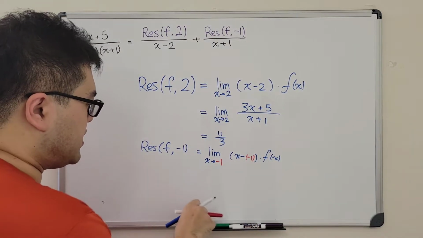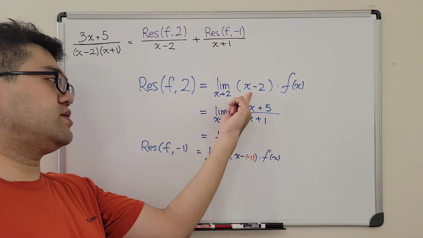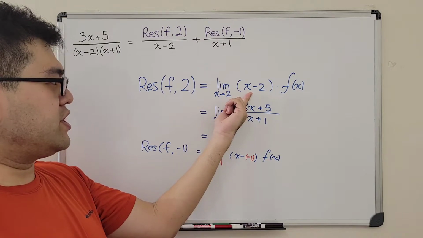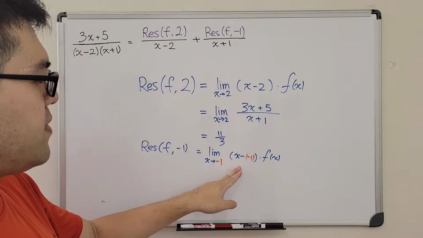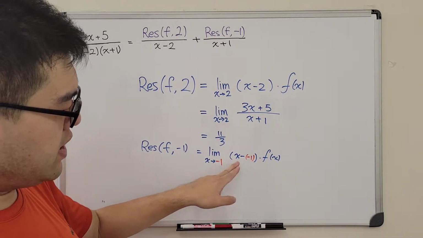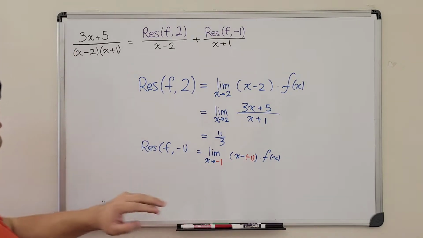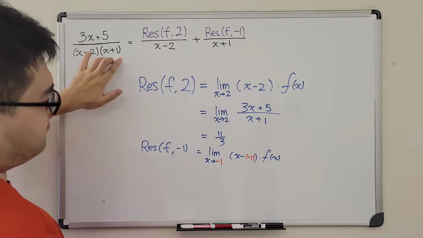So we can see that this time it will be different from what we have in the first case, which is multiplying with x minus 2. This time we have to multiply with x minus -1, or equivalently x plus 1, so that we can cancel with the x plus 1 in the denominator.